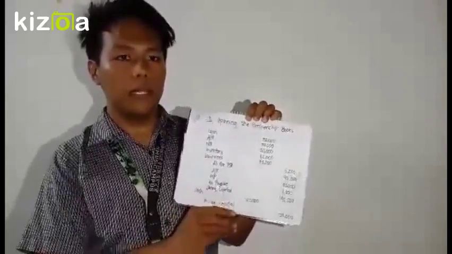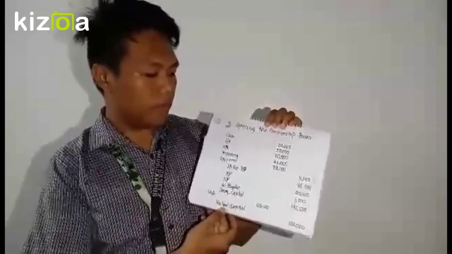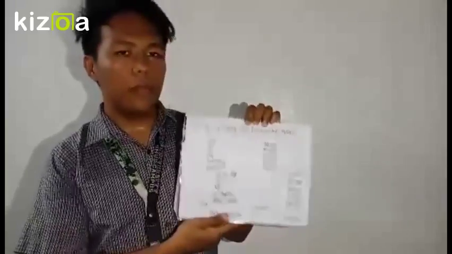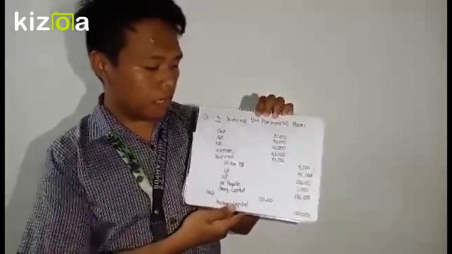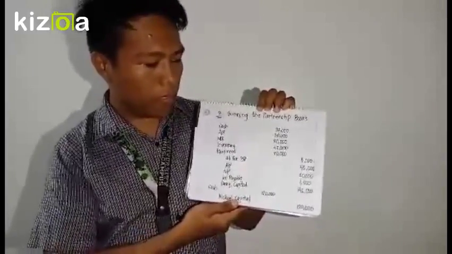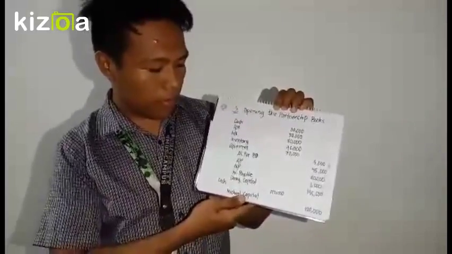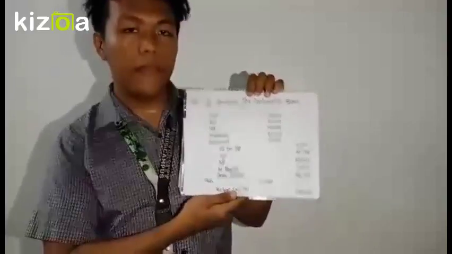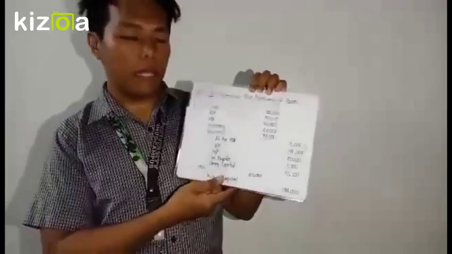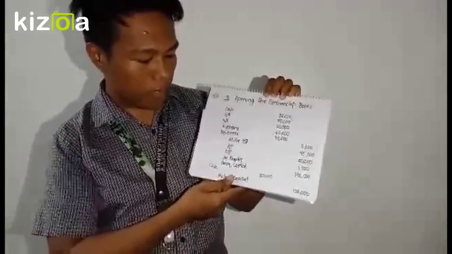So, I will have a partner, Michael. Cash, debit, 32,000. Accounts receivable, 50,000. Notes receivable, 20,000. Inventory, 45,000. Equipment, 70,000. In the credit, allowance for bad debts, 5,000.